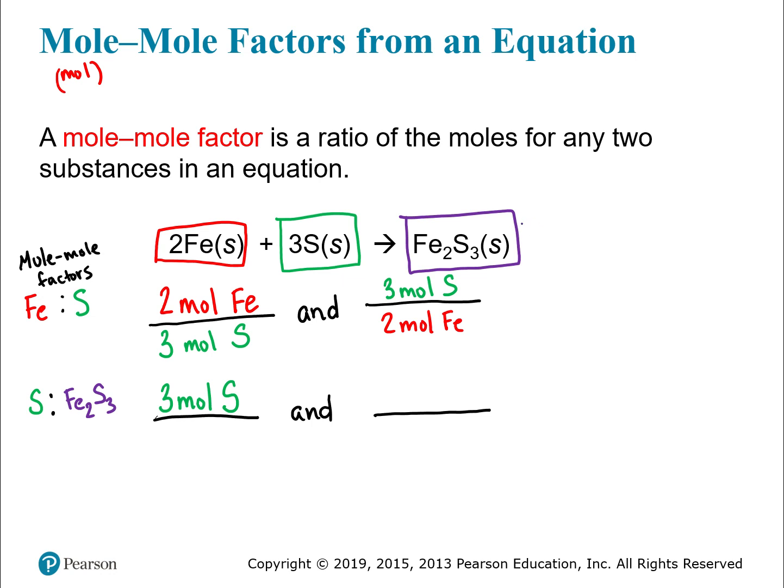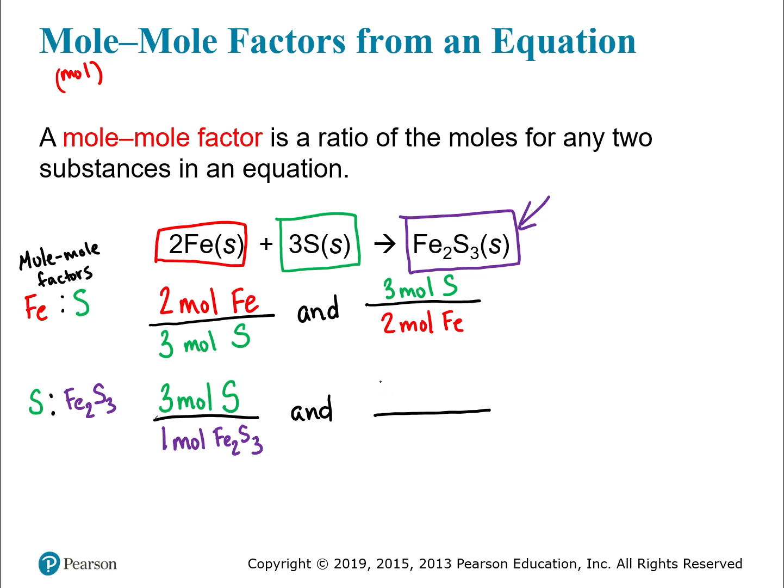We want the product, which is iron 3 sulfide. So that's a mole-mole factor that describes the relationship between these 2 compounds. If you have 3 moles of sulfur, you'll produce 1 mole of iron 3 sulfide.